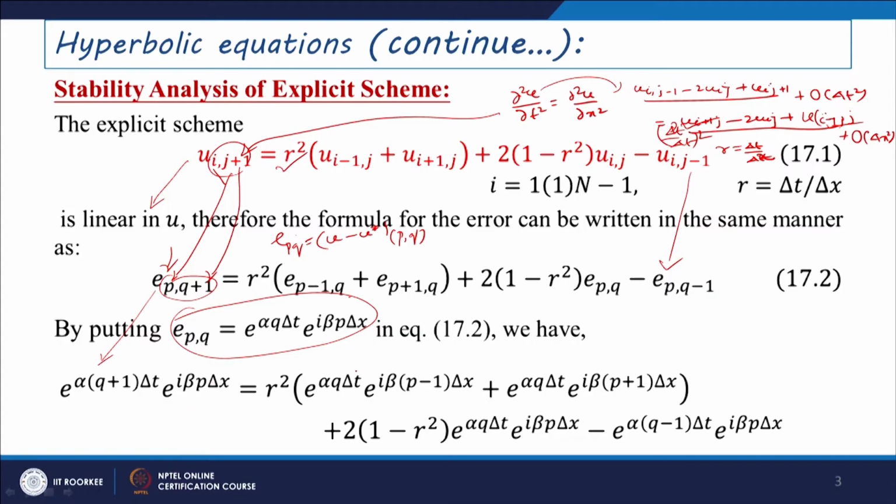So, p delta x equals r square, p minus 1, especially it can be written as a p minus 1 here. So, e to the power alpha q del t e to the power I beta into p minus 1 delta x plus e to the power alpha q, since it is just written alpha q del t e to the power I beta into p plus 1 del x plus 2 into 1 minus r square, and e to the power alpha q del t e to the power I beta p delta x minus e to the power alpha into q can be replaced by q minus 1 here.